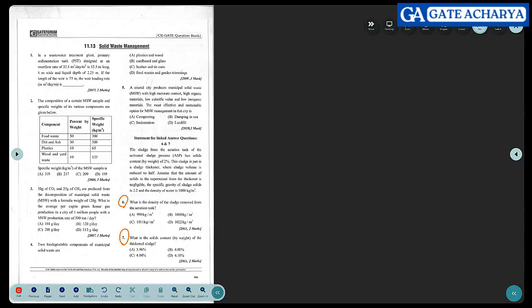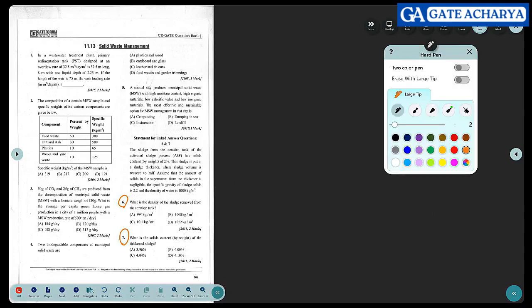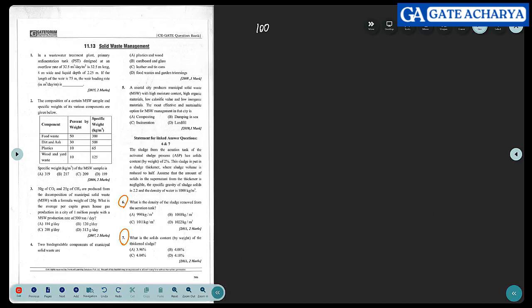What is the value? 1011. Simple: 100 by specific gravity of the sludge is equal to 98% of water by specific gravity of water plus percentage of the solids by specific gravity of solids, which is given as 2.2.